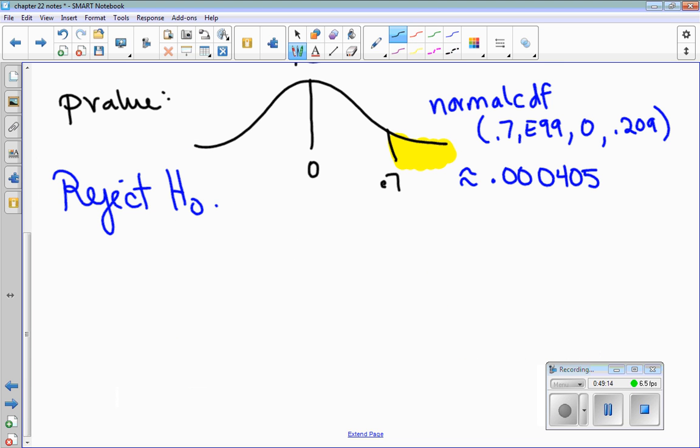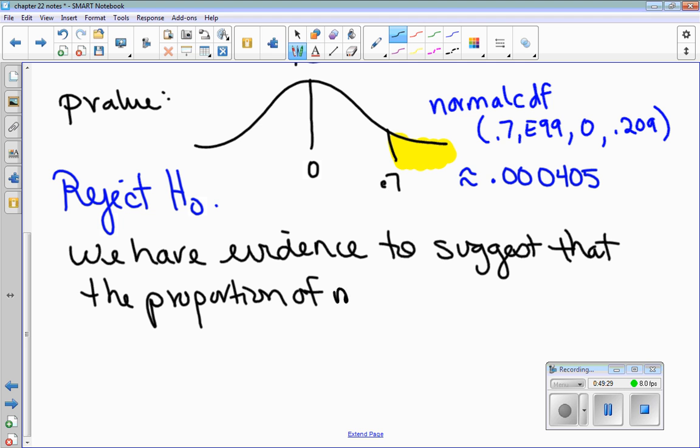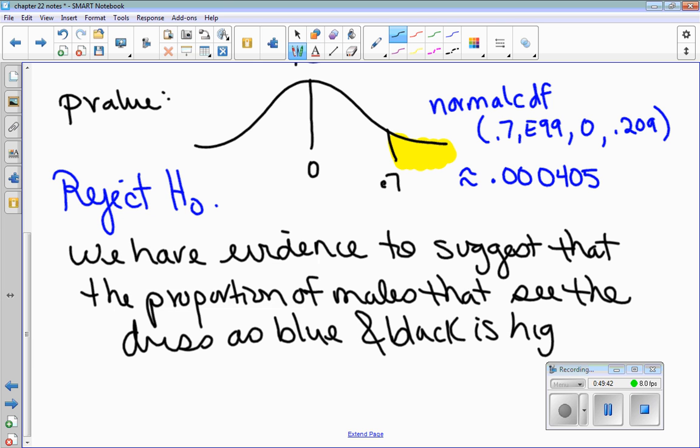All right, so we have evidence to suggest that the proportion of males that see the dress as blue and black is higher than that of females.